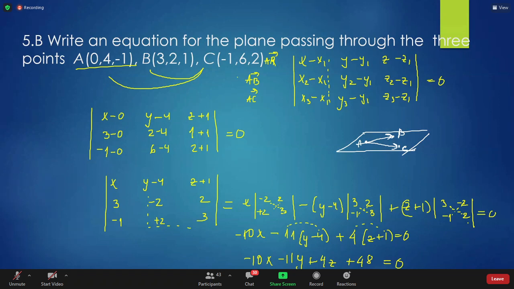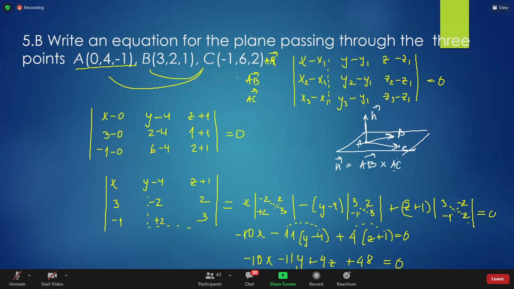That is, why don't we find the normal vector of this plane as the vector product? Remember, the vector product was perpendicular to both. The vector product AB times AC.